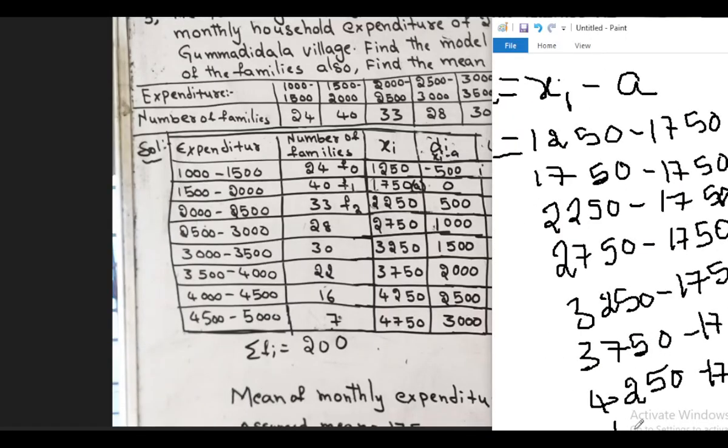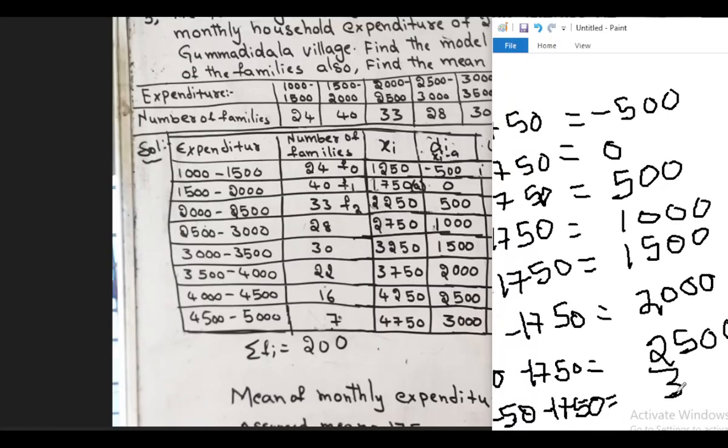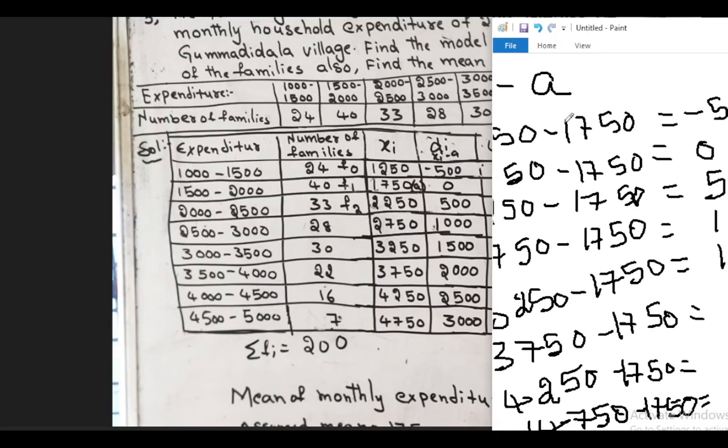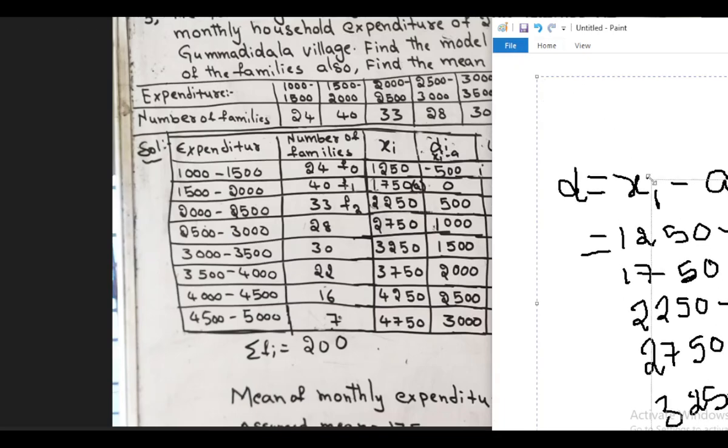The last class, 4750 minus 1750 is equal to 3000 as the last class deviation. So like that, we have found the deviations of the classes.